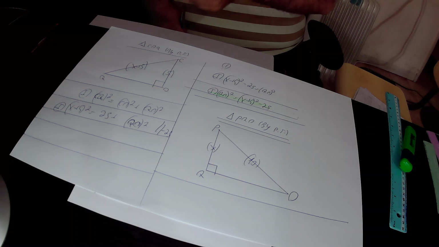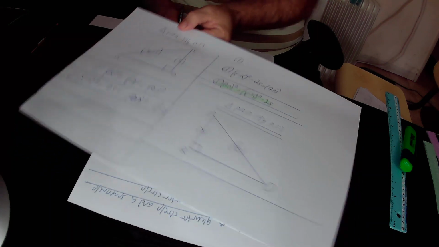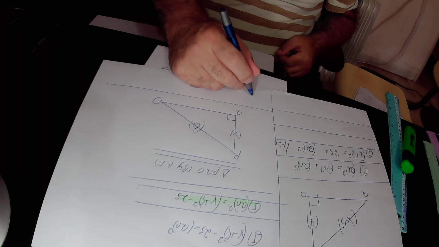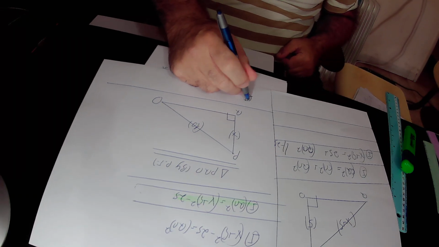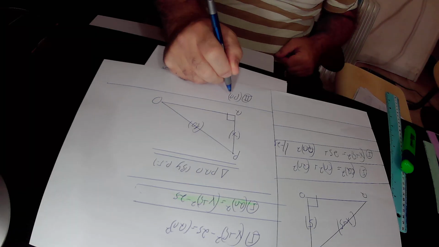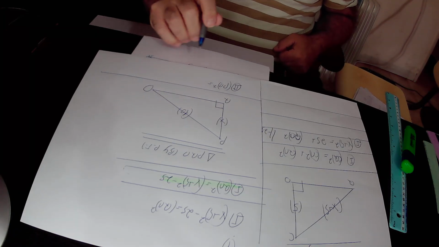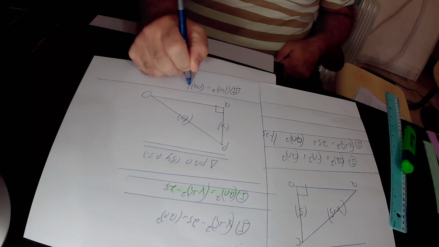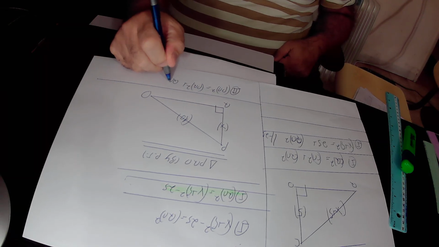This will be equation 2. So PO squared, that is the square of the hypotenuse, is equal to PQ squared plus QO squared.